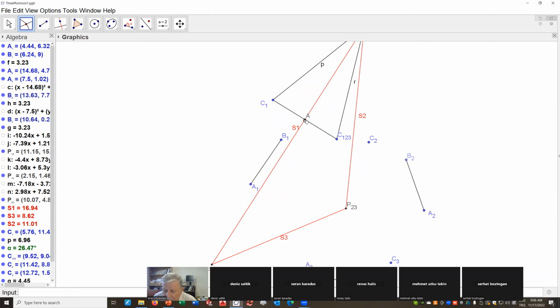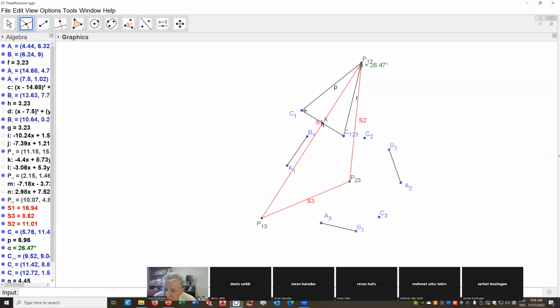C1A is equal to AC123 and C1P12 is equal to C123P12. AP12 is common. So these two triangles are exactly equal. That means these two angles are exactly equal.